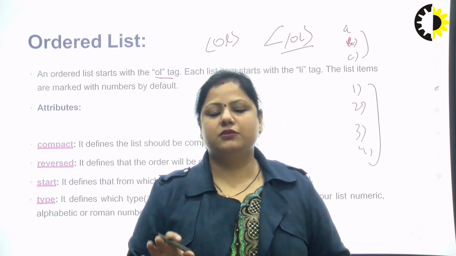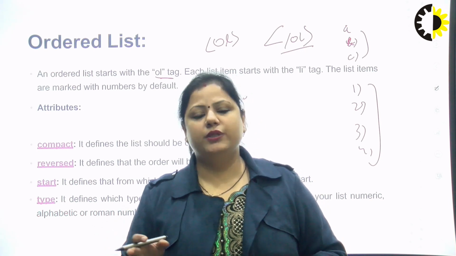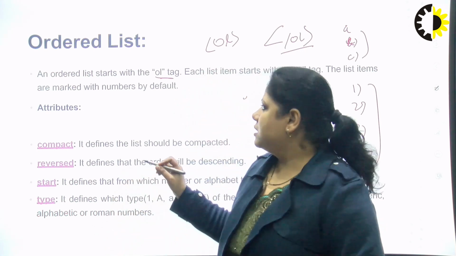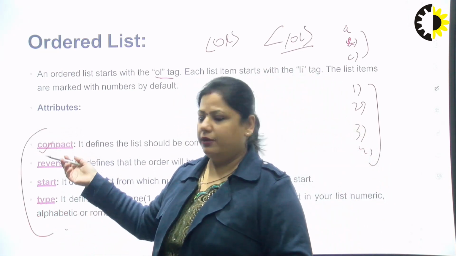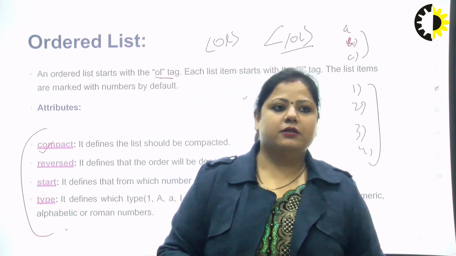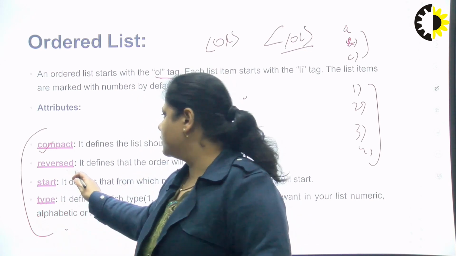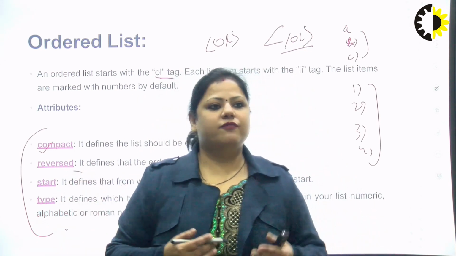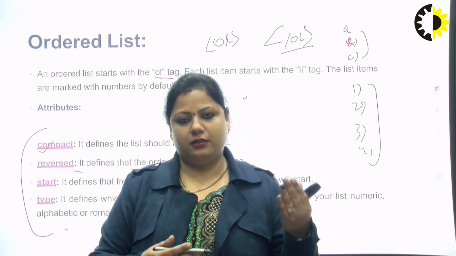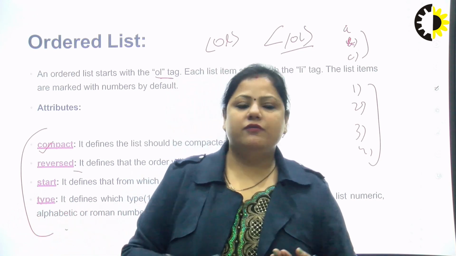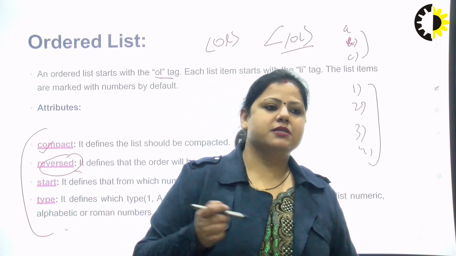An ordered list starts with the OL tag. Each list item starts with the LI tag, and the list items are marked with numbers by default. These are some attributes of an ordered list. First is compact. As I already told, it defines that the list should be compacted. Next is reversed. It defines that the order will be descending, whereas by default it is ascending.